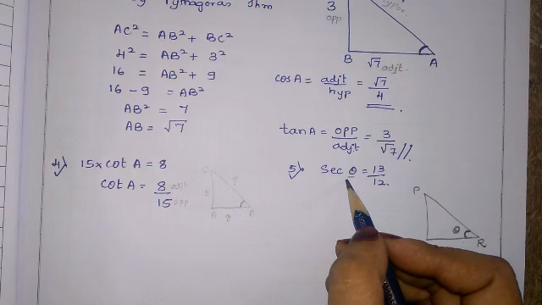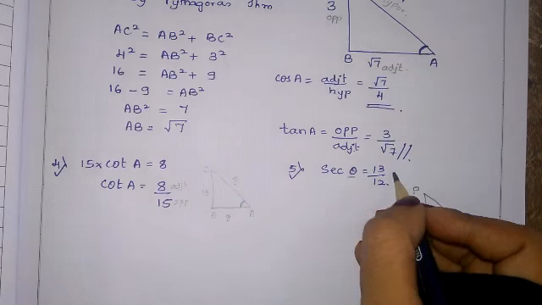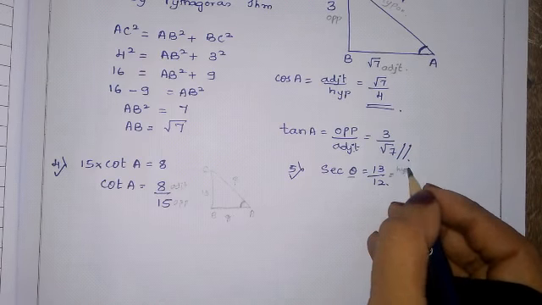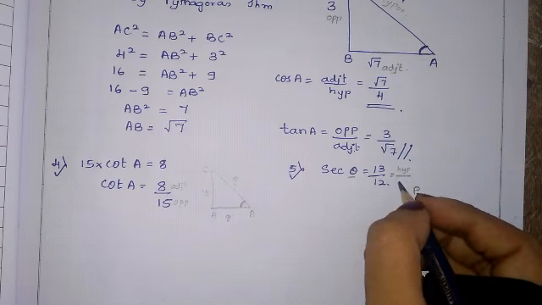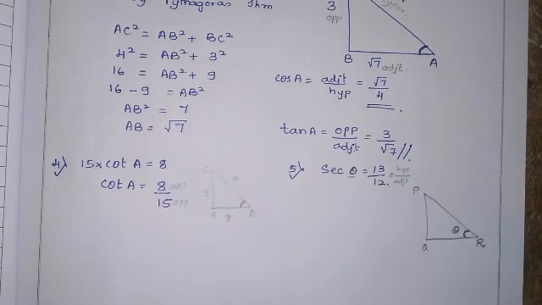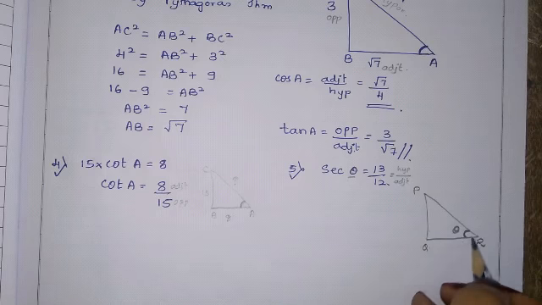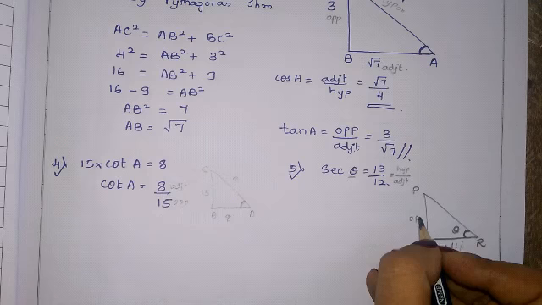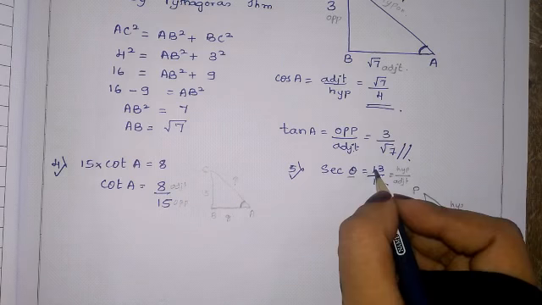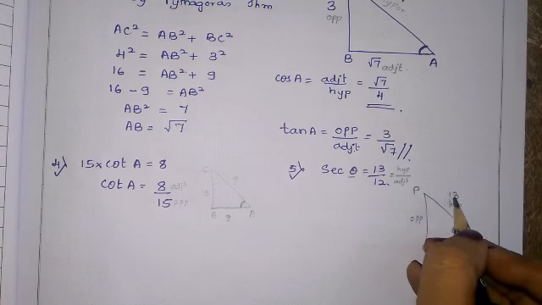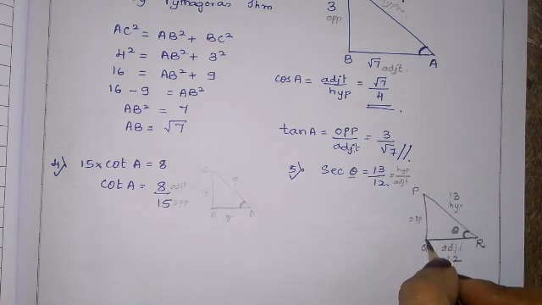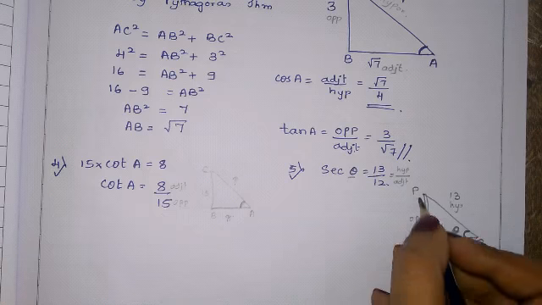Cos is adjacent upon hypotenuse, so sec is hypotenuse upon adjacent. So you have to substitute here. This is adjacent, this is opposite, this is hypotenuse. On the hypotenuse side you have to give 13, on the adjacent side you have to give 12. You have to find this side by Pythagoras theorem.